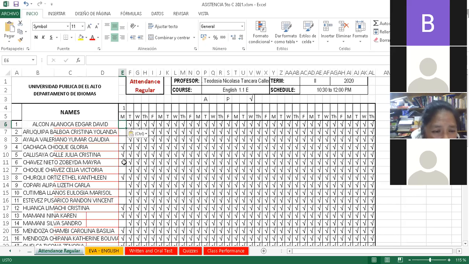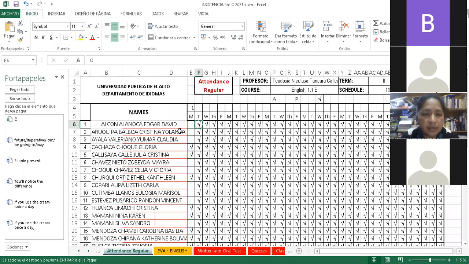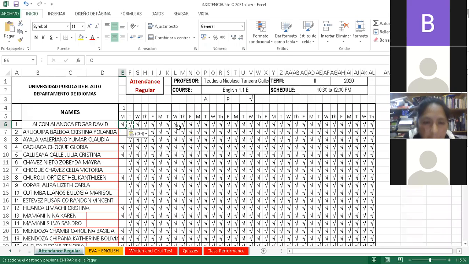Chavez Mayra, no. Victoria Choque, no. Lisette Copari, present.